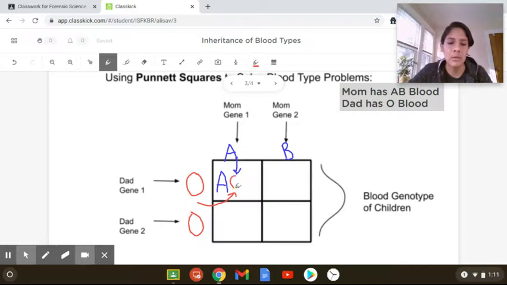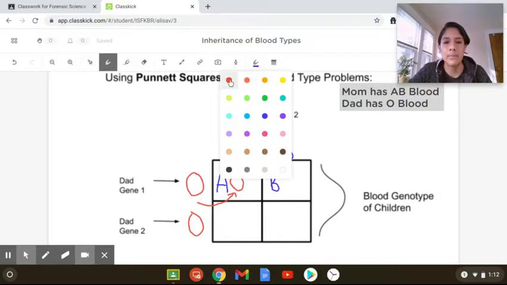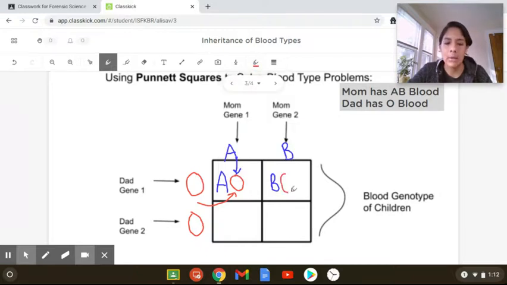Okay. So in this first square, the possible combination is A from mom, O from dad. In the next square, we can get B from mom, and we can get O from dad. Normally, we write dominant and then recessive trait, so A goes first, then O.